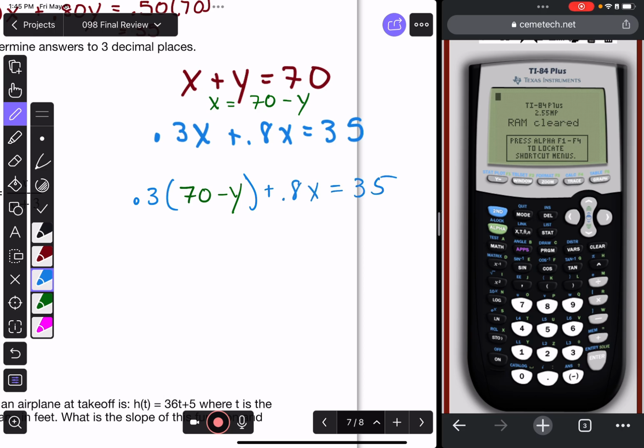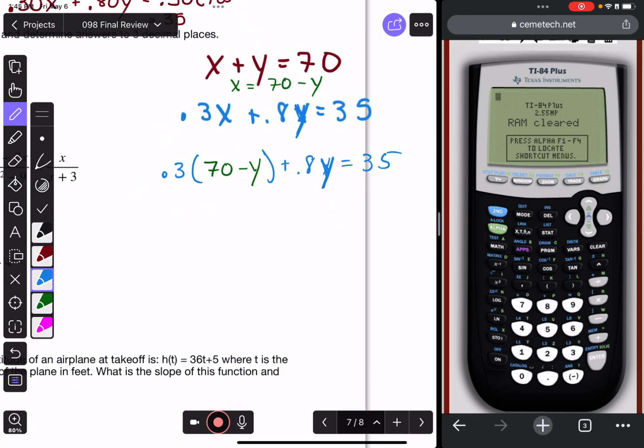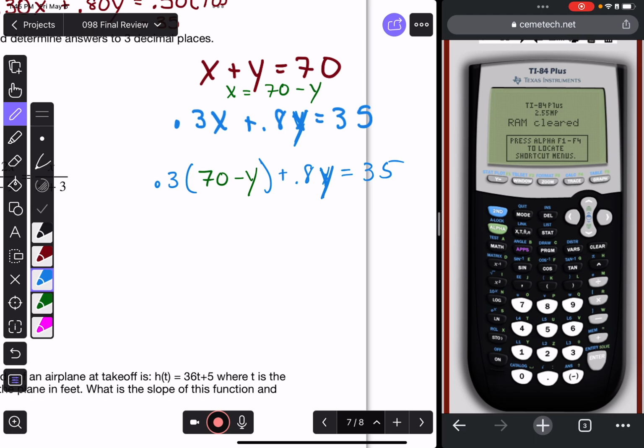Now I've got an equation with only y's in it, and I can solve that guy. So let's see here. 70 times 3 is 210, but you'd have to move your decimal 1. So 21 minus 0.3y plus 0.8y equals 35. So that's 0.5y.